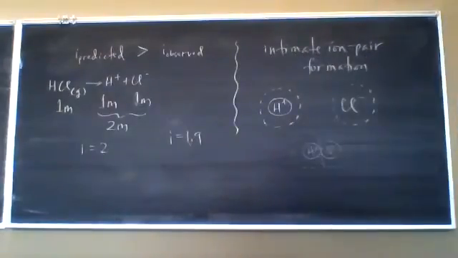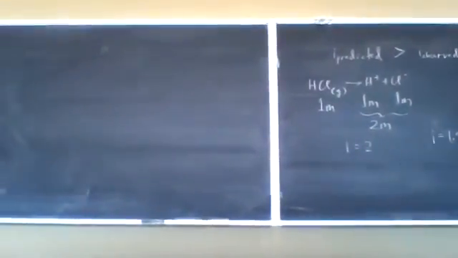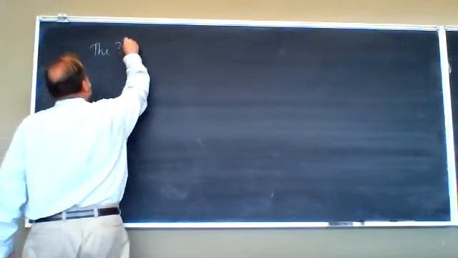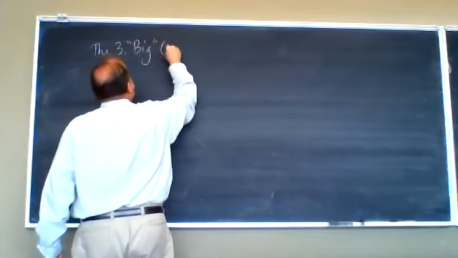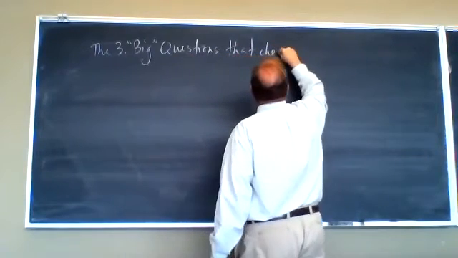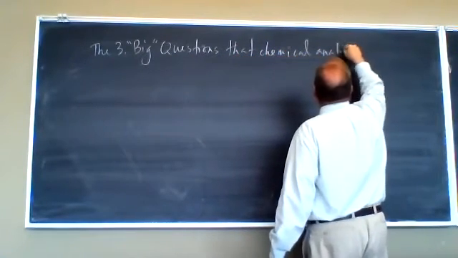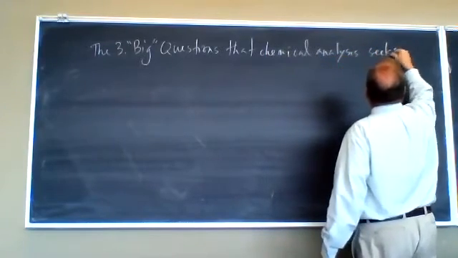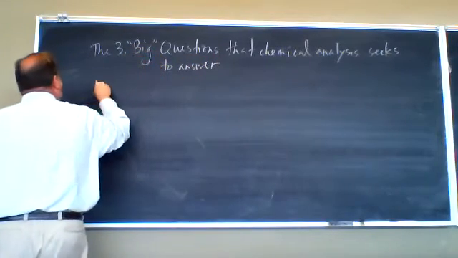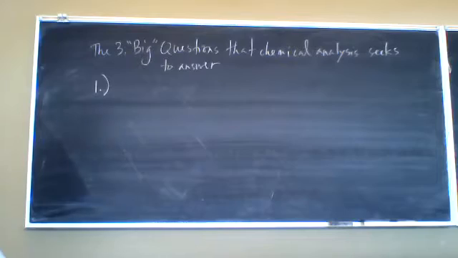When a chemist begins to analyze a chemical situation, there are three big questions that they are trying to answer. Those three big questions are: question number one, what happens?